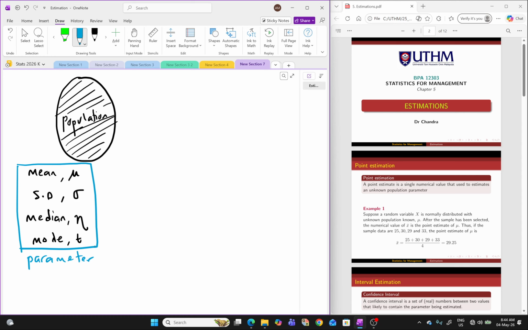So normally in research what we do, if this is Malaysia, saya akan ambil Johor saja, contohnya. This is called as sample.